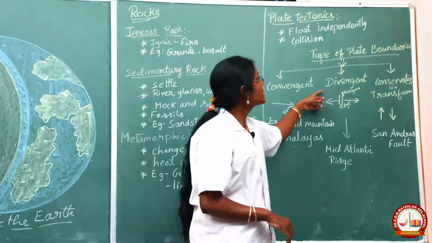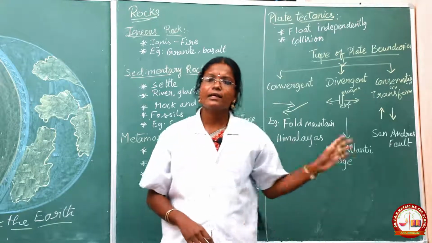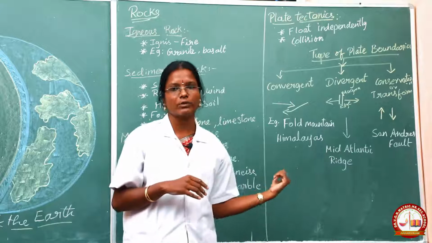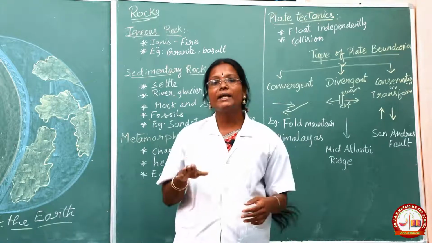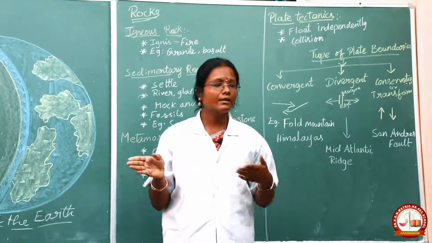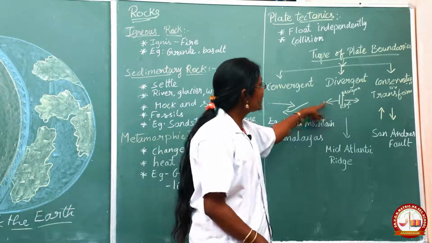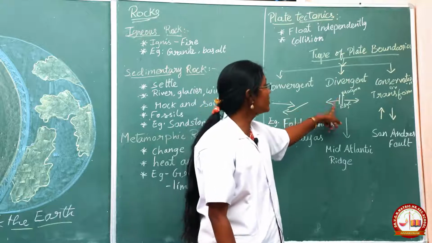Next are the divergent boundaries. Here we saw that when plates come closer, folded mountains happen. But here the plates go in different directions, away from the other plates. One plate goes to the right side and one plate goes to the left side.